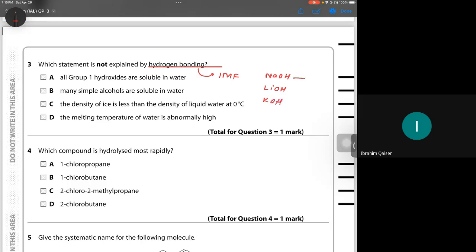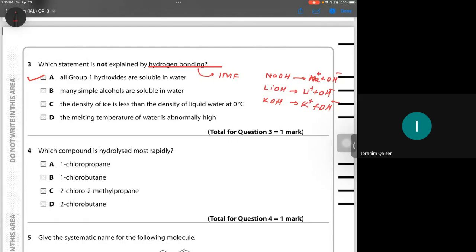When something gets soluble in water, it dissociates into Na positive, OH negative, Li positive, OH negative, K positive, OH negative. So it's not hydrogen bonding. It's a simple ionic compound that is going to dissociate. It's going to ionize. So option A is the correct option.